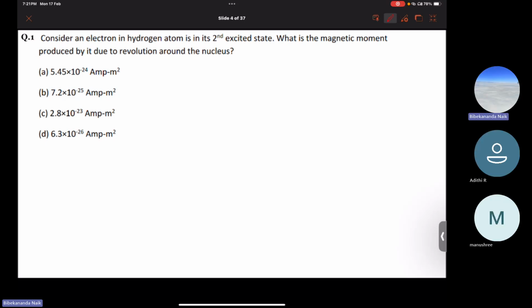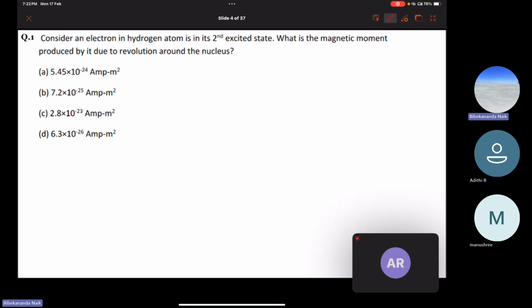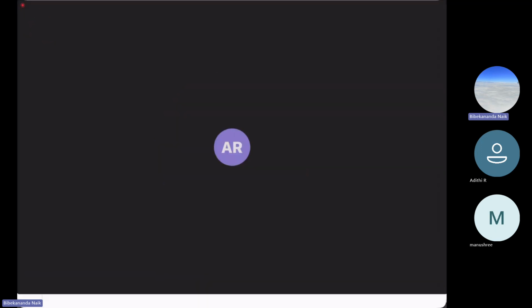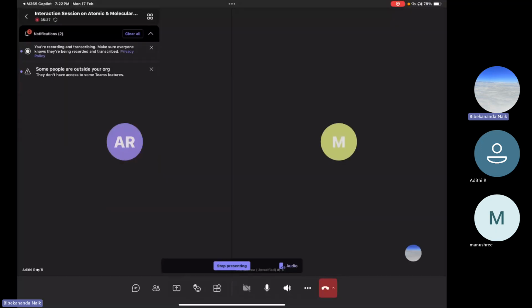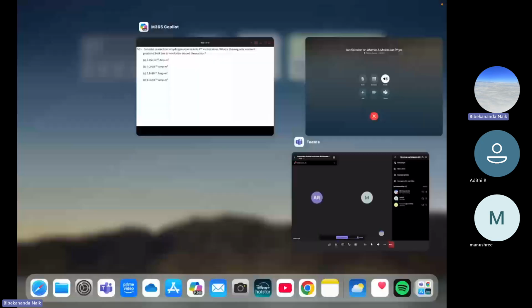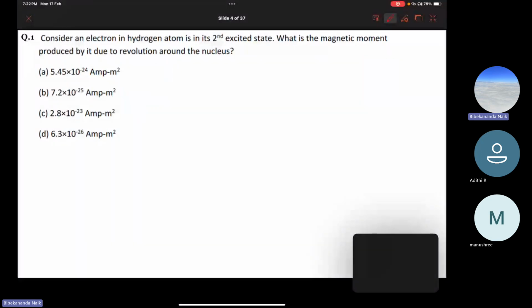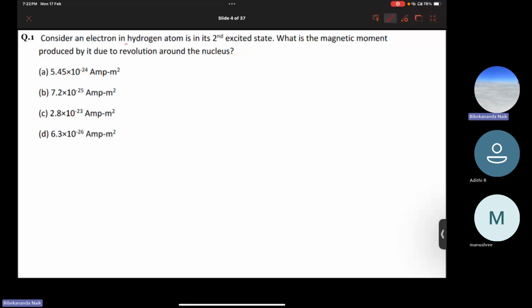And option D, 6.3 into 10 to the power minus 26 ampere meter square. So these are the four options.